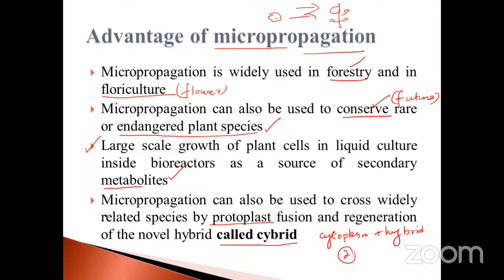Take an example, whether it may be a related species. That's why I told you, pomato. Pomato is a plant that is potato as well as tomato. These two are combined together, and you will get the cybrid. This is also one of the cybrid cultures.